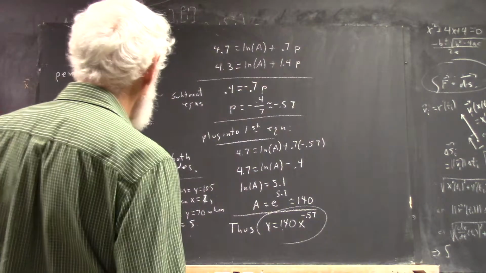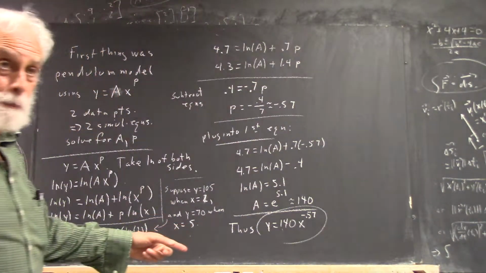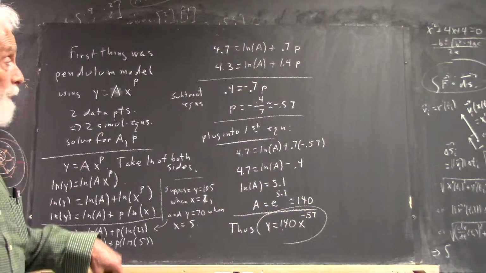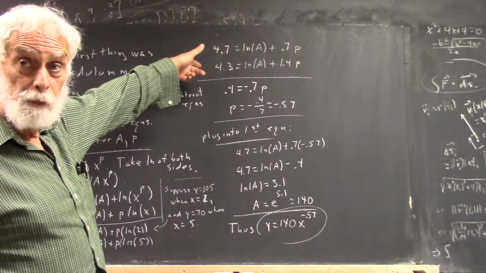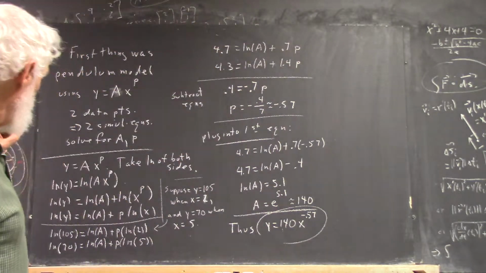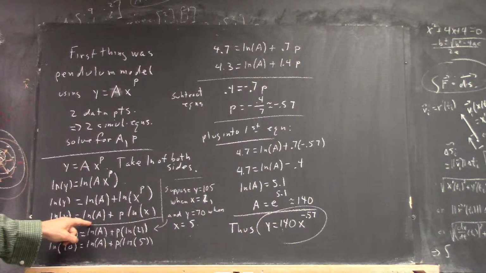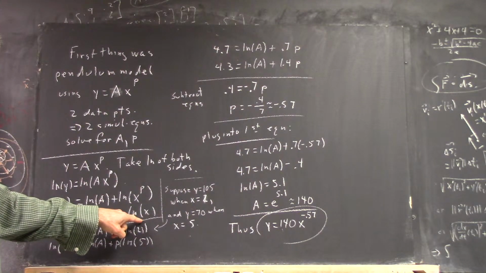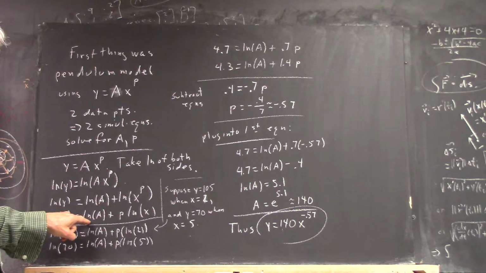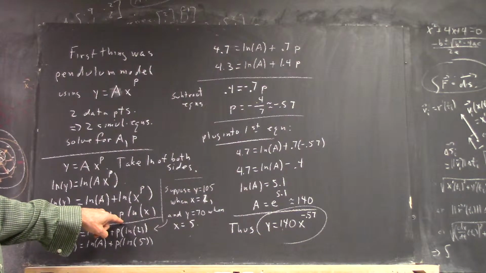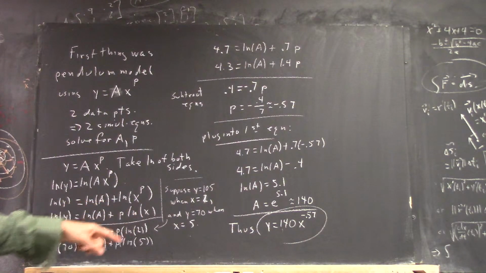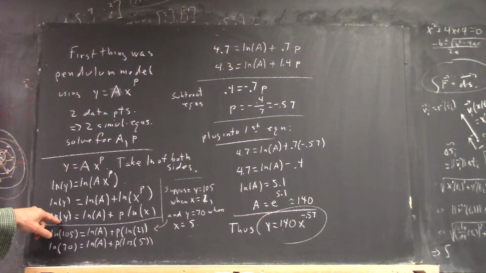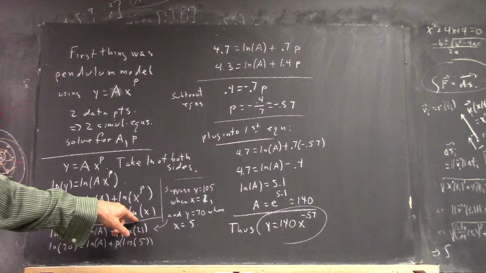Well, what I've just done here is simpler than the alternative because you know the steps for solving a linear equation. When I took the log of both sides, look at what I ended up with: essentially a variable here and a variable here, and a number plus another number times this variable. That's a linear function. The natural log of y is a linear function of the natural log of x.